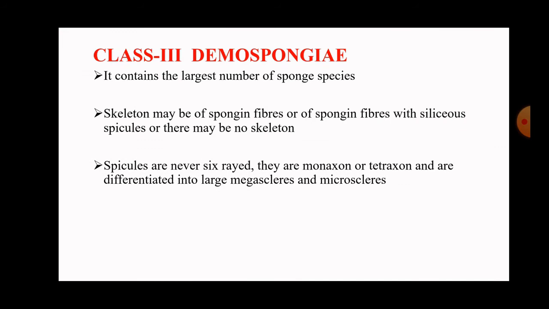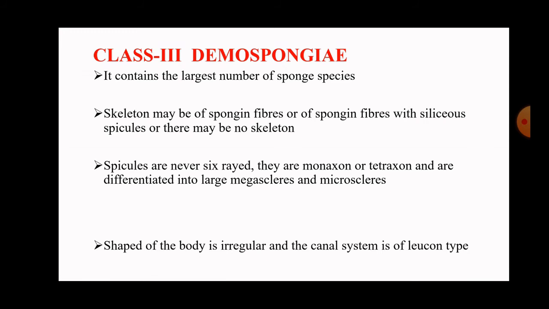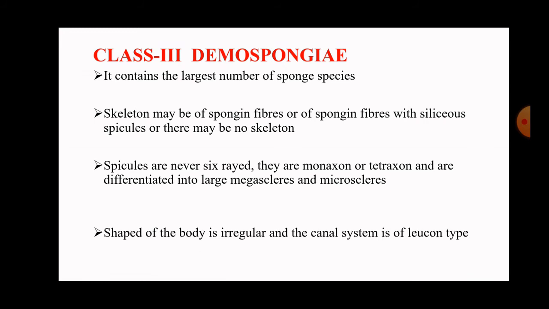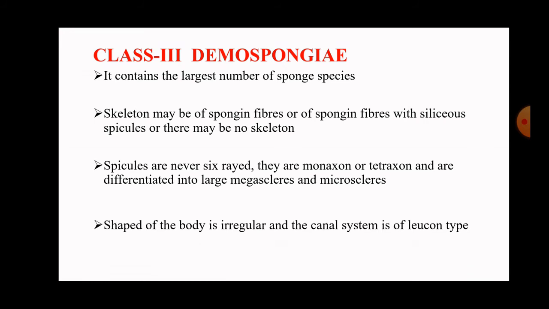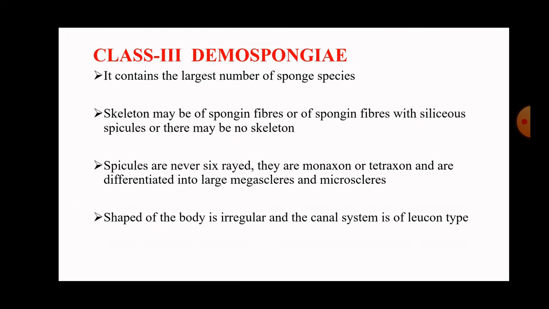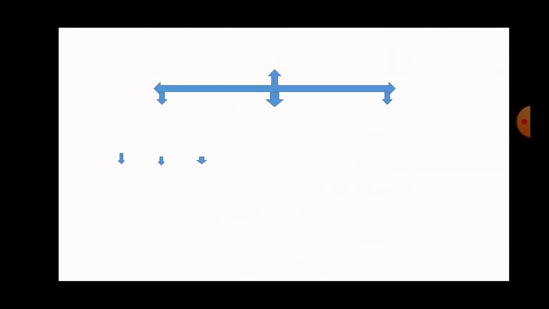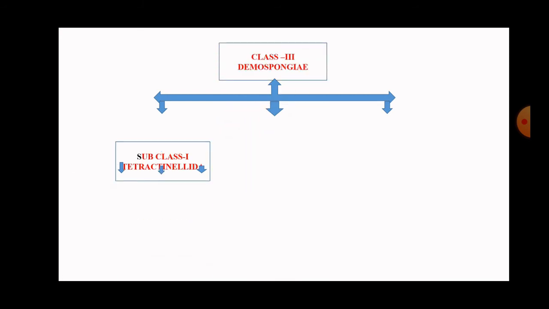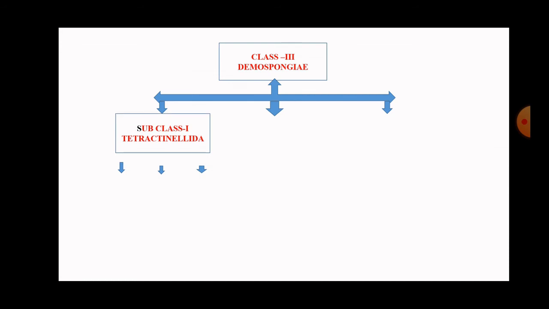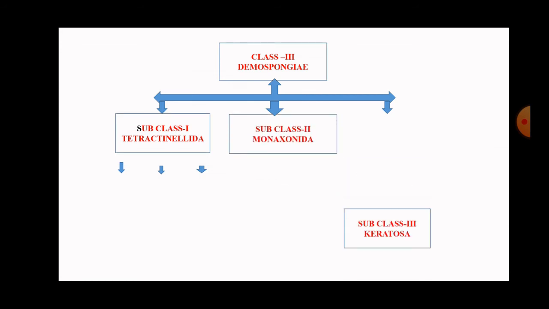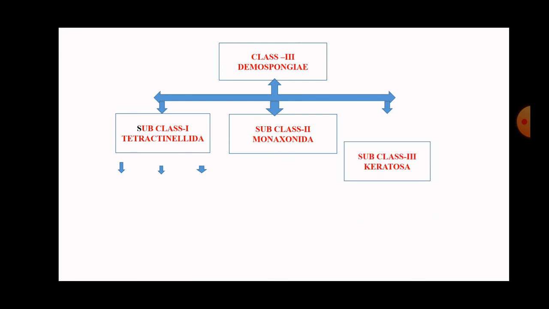They may be monaxon or tetraxon, and they may be differentiated into large megascleres and microscleres. In these animals, the shape of the body is irregular and the canal system is of low complexity. It can be divided into three subclasses: subclass 1 Tetractinellida, subclass 2 Monaxonida, and subclass 3 Keratosa.